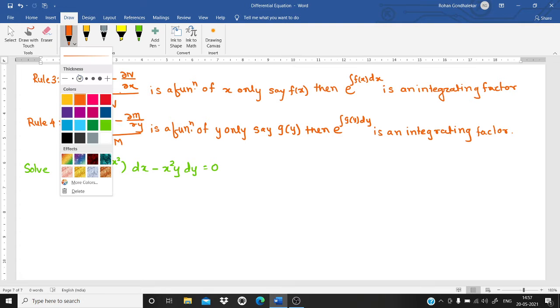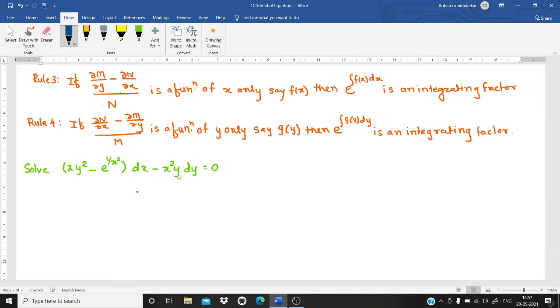So our first job is to check whether it is an exact differential equation or not. What is M here? M is x y square minus e raised to 1 upon x square. What is N? N is minus x square y.